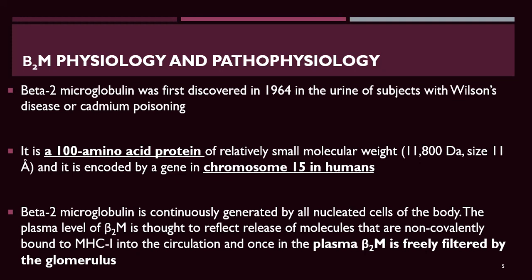Beta-2 microglobulin is continuously generated by all nucleated cells of the body. Its level is thought to reflect release of molecules that are non-covalently bound to MHC1 into the circulation, and once released it is freely filtered by the glomerulus.